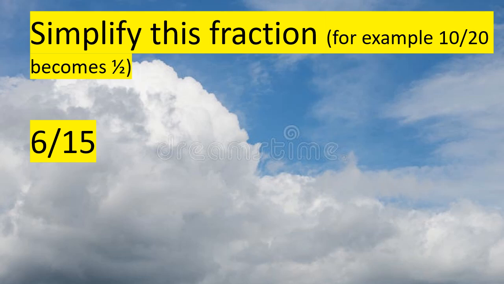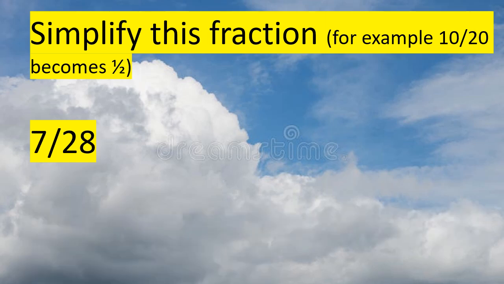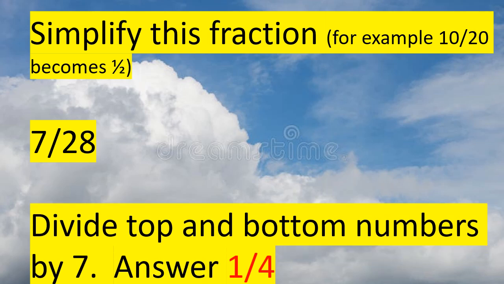And this time, you divide the top and the bottom numbers by 3, and the answer is 2 by 5. Next one, simplify 7 by 28. And you divide the top and the bottom numbers by 7, and the answer is 1 by 4.